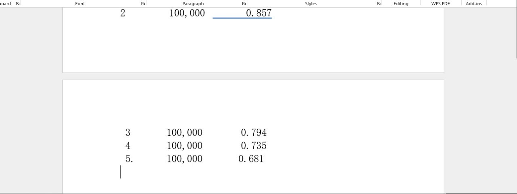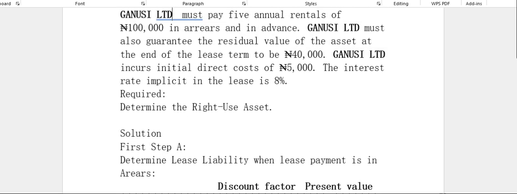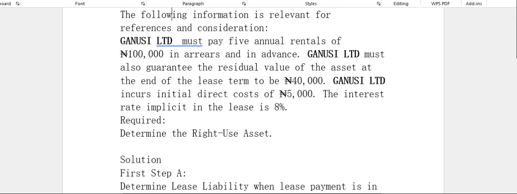For this year 5, they said there will be a residual value. Is that not so? Are we still together? In the question, we were told that in year 5 there will be what? Residual value. Of how much? Let's go back to the question. Ganusi Limited must also guarantee the residual value of the asset at the end of the lease term to be 40,000.